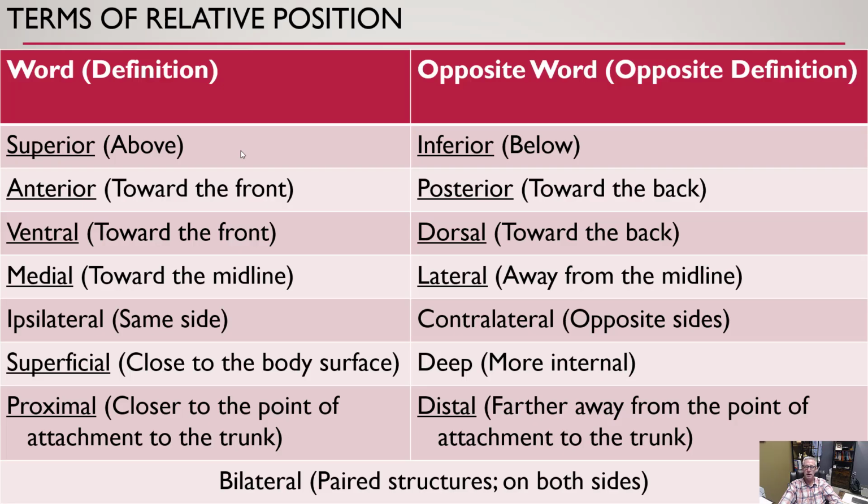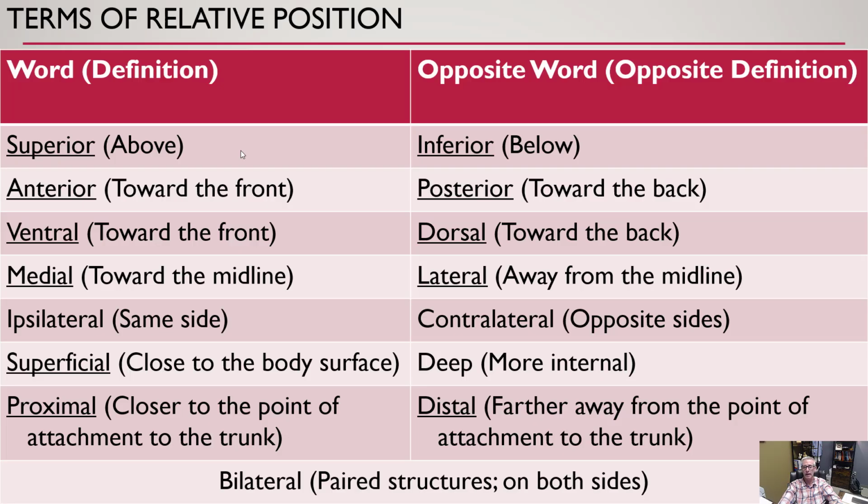Now, it depends on what area of biology you're working in. Most people will use the terms anterior, posterior as opposed to ventral and dorsal. But just so you know, some people will say ventral and dorsal, depending on what area of biology you're working in.